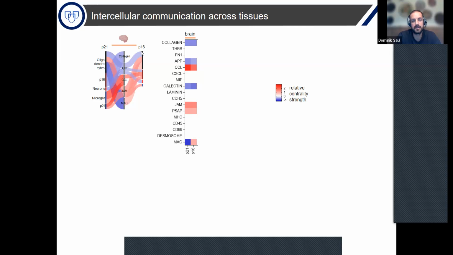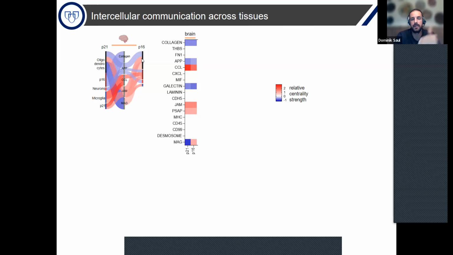And the P16 positive cells, for instance, secrete via the APP pathway to these oligodendrocytes. So one difference we find over here is that the MAC pathway is not so much used by the P21 positive cells, which is why it's blue. P21 doesn't secrete a lot to the oligodendrocytes via the MAC pathway, but P16 positive cells secrete a lot, which is why it's red, to these oligodendrocytes over here.